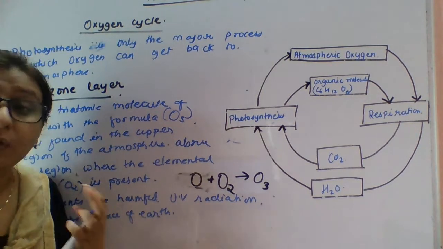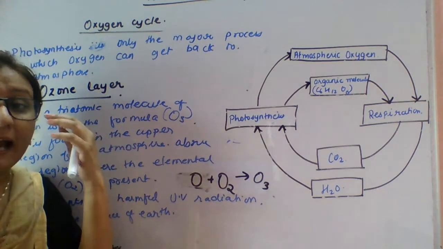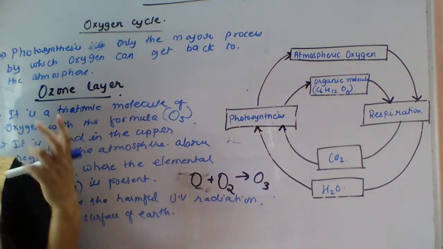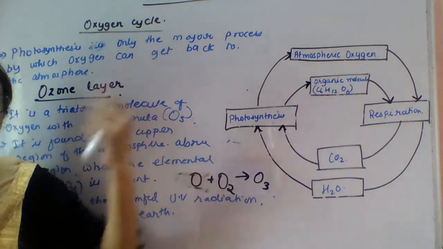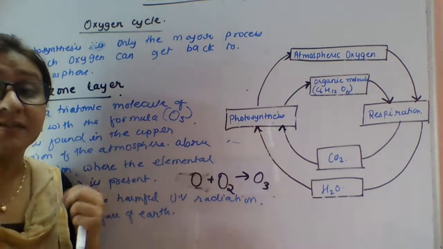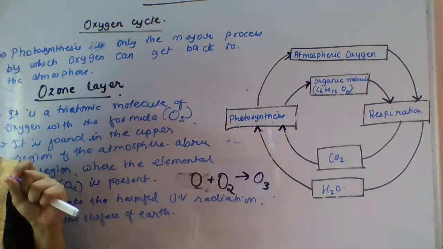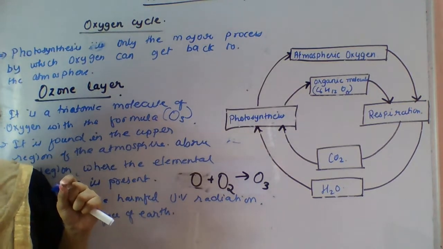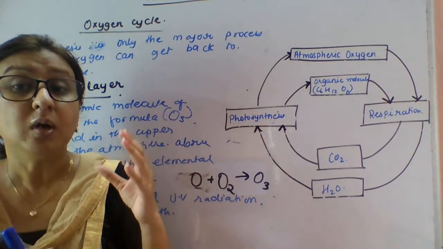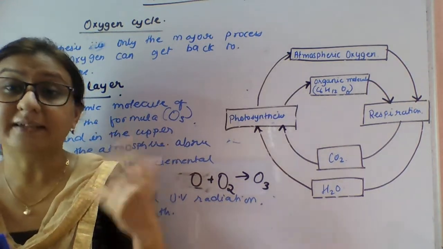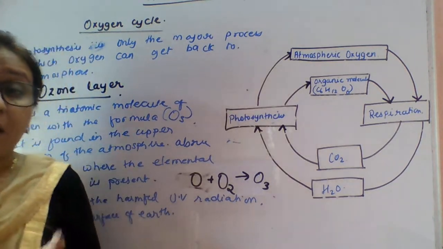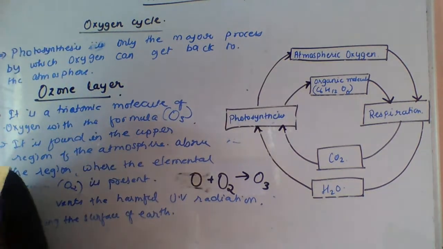These chlorofluorocarbons reach the ozone layer and react with it, and that results in the thinning of the ozone layer. Obviously it has resulted in the ozone hole, which was observed in 1985 above Antarctica.